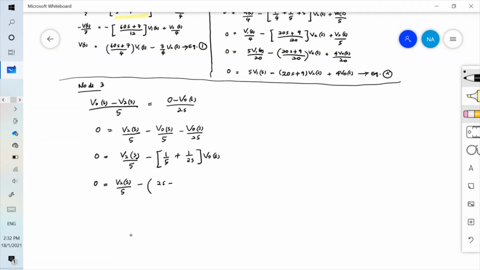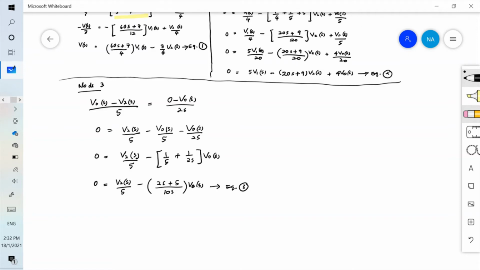So (2s plus 5) divided by 10s V0s. So this is equation number 3. Okay, so now you're done with the equation for each node.